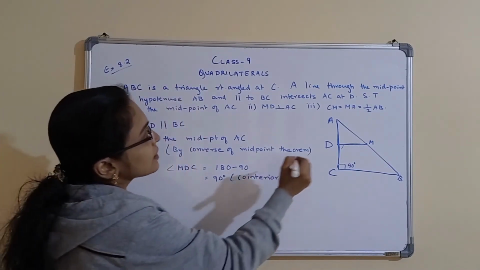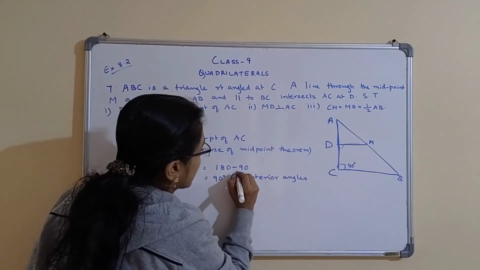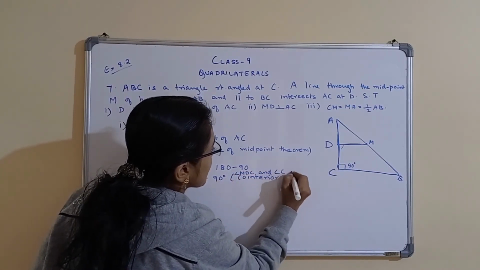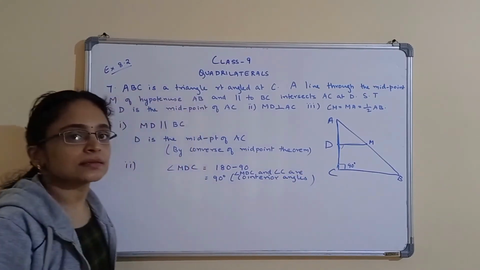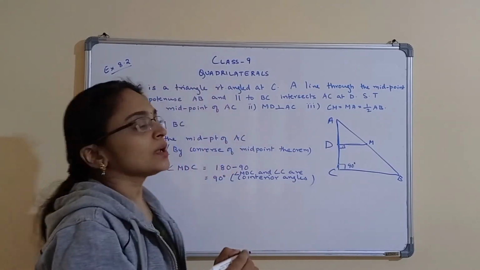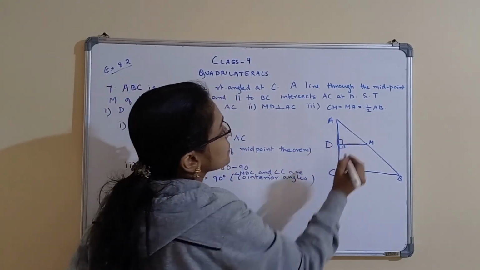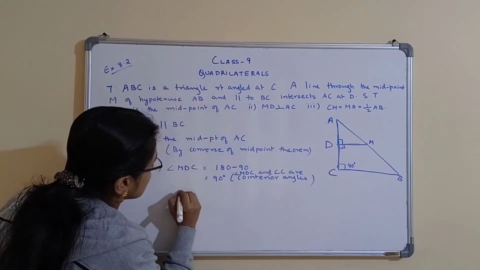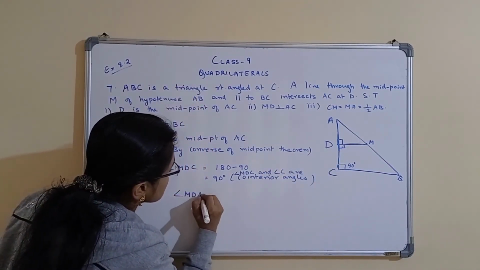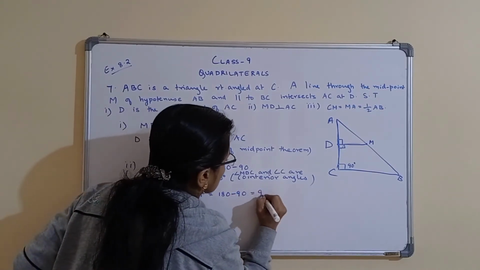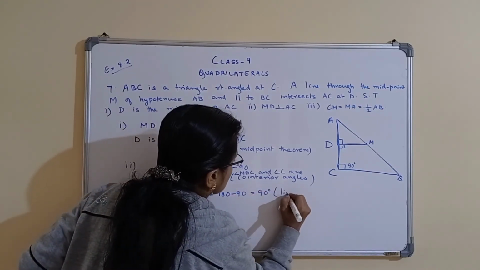Or we can write this angle MDC and angle C are co-interior angles. Okay, so this is equal to 90 degree, which means this is equal to 90 degree because this is a linear pair. So angle MDA is equal to 180 minus 90, which is equal to 90 degree because linear pair.